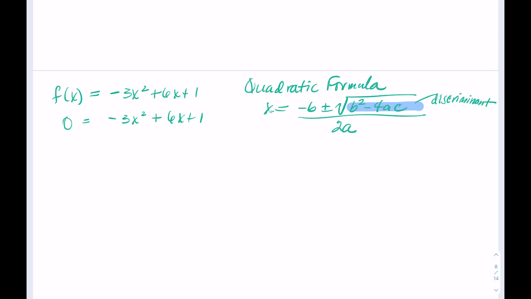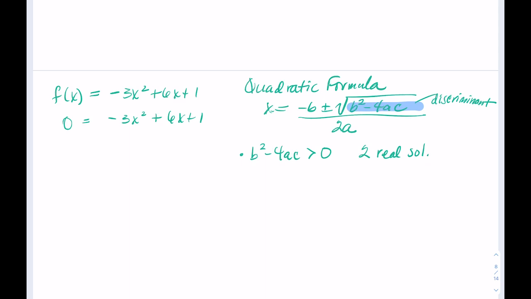And the discriminant kind of goes unnoticed a lot, but it's really important. The discriminant tells you whether it's worth it to find the intercepts, because sometimes there aren't going to be any. So there's 3 cases. The discriminant can be positive, so greater than 0, and that just tells you there's going to be 2 real solutions.